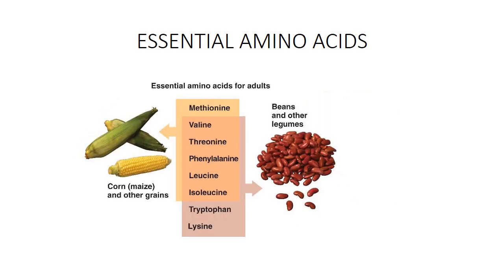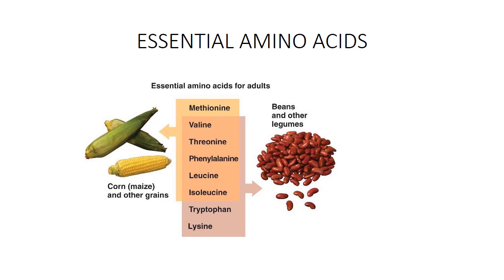Then essential amino acids. I don't insist that you remember all their names, but 8 of them are considered absolutely essential, again meaning that your body cannot make them, and you have to get them with diet.